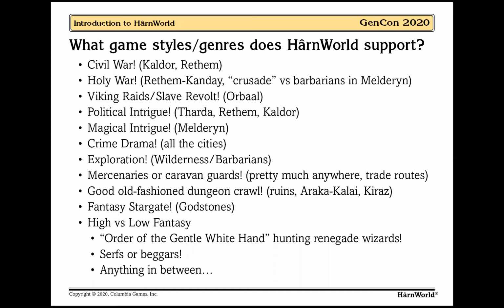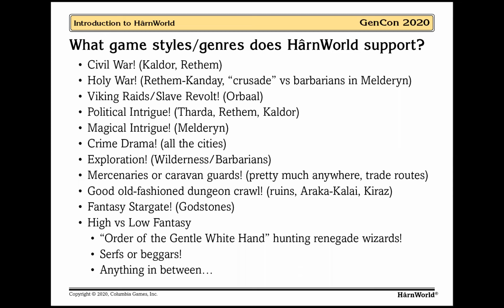So if you have an existing campaign and your players are in some setting, Greyhawk, Forgotten Realms, Eberron, whatever, they can come across one of these objects and, boom, all of a sudden, now they're in Harn. And now perhaps the adventure is, how do they get back? So here it is, the fantasy Stargate kind of idea.